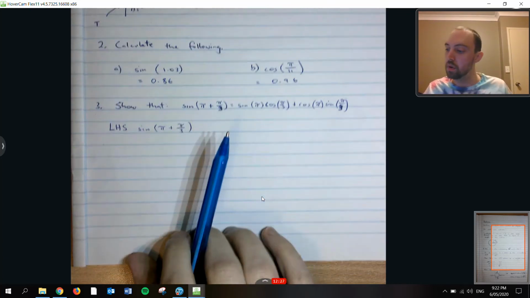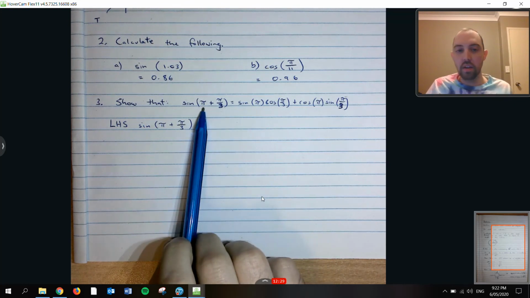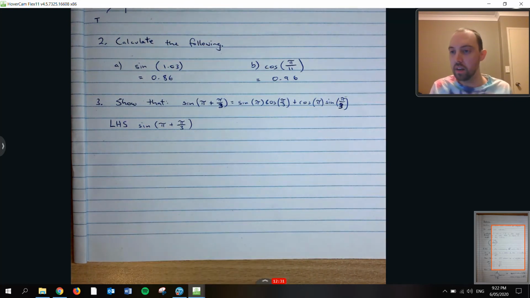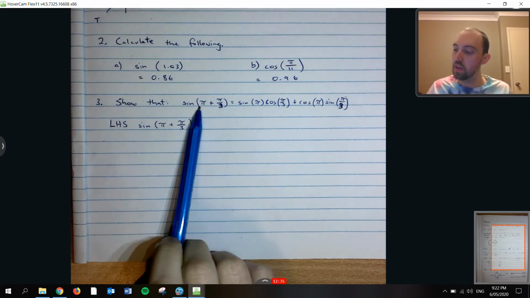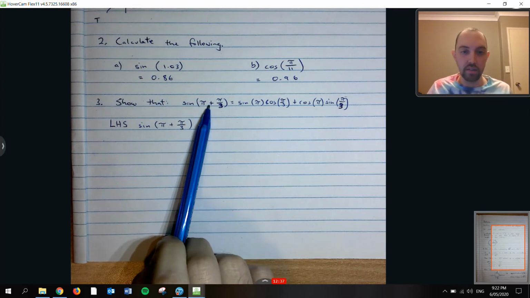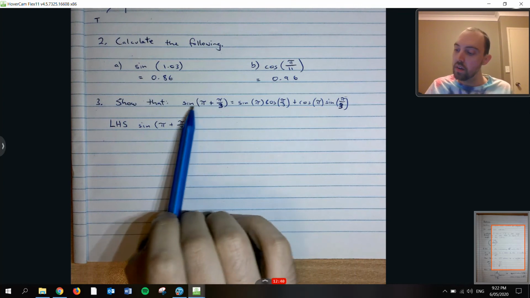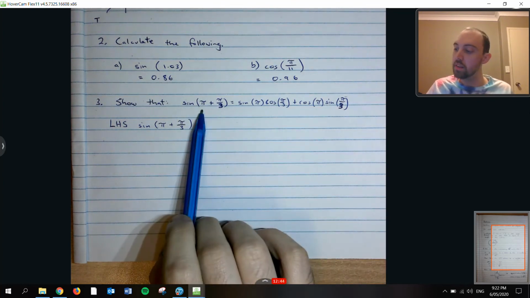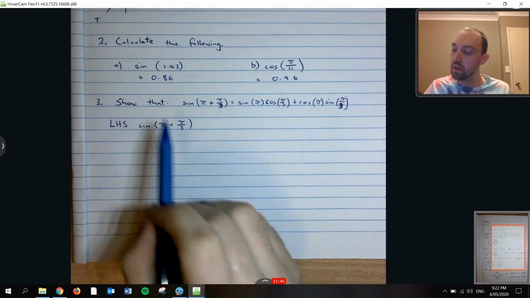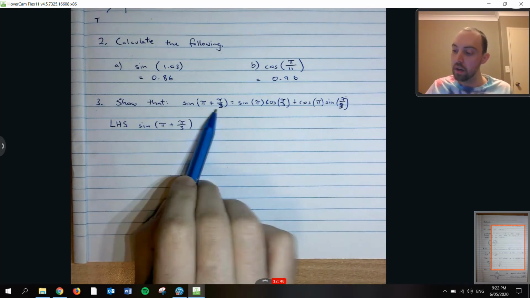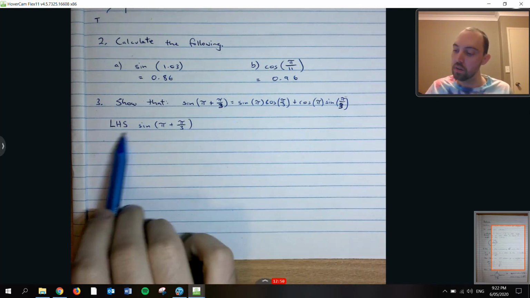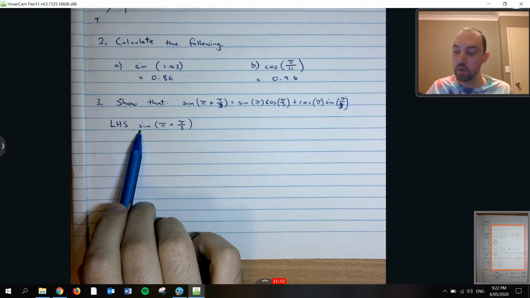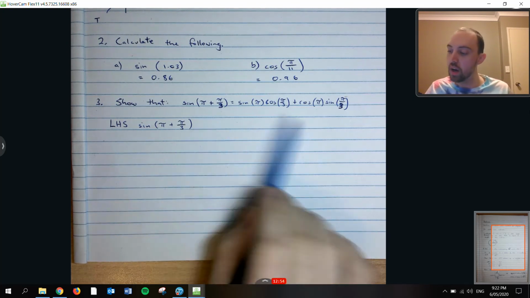Now, something that's a little bit more complicated, and we're going to look at the addition or difference of two angles a little bit later in another video. So you'll probably recognize this if you were to come back to this video after we do those. But for now, what we're going to do is we're going to split this into two problems.